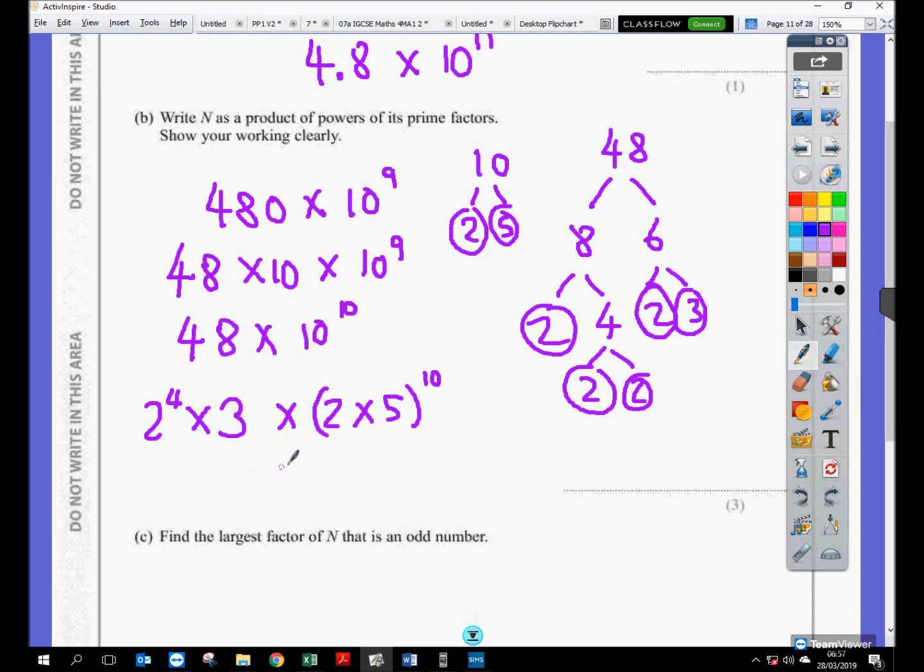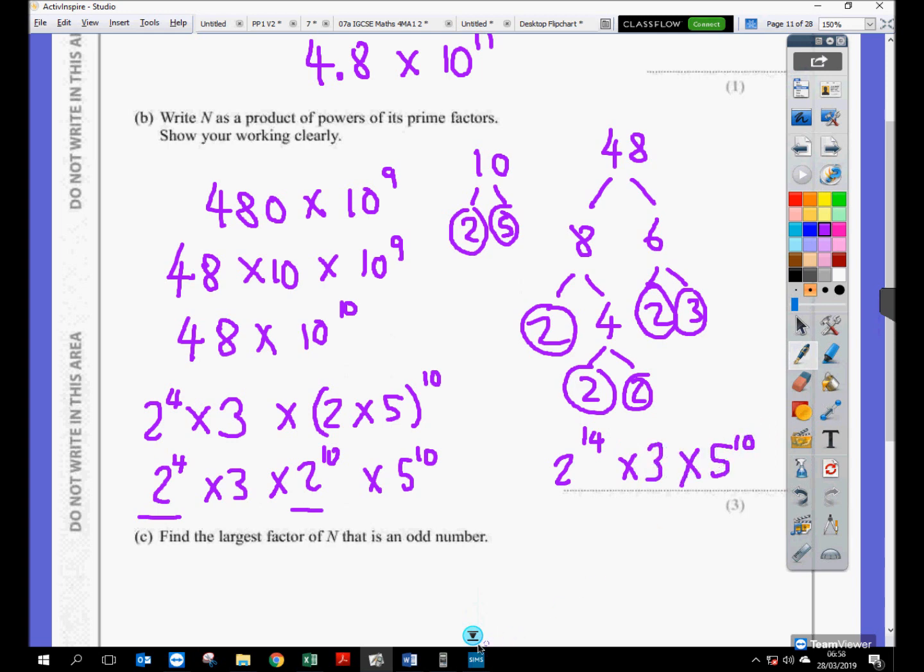When you have multiple terms in a bracket that are times together, raised to the power of 10, you raise each of those numbers to the power of 10. So it's going to be times 2 to the power of 10, times 5 to the power of 10. When we combine all of this, we end up with 2 to the power of 14 times 3 times 5 to the power of 10.